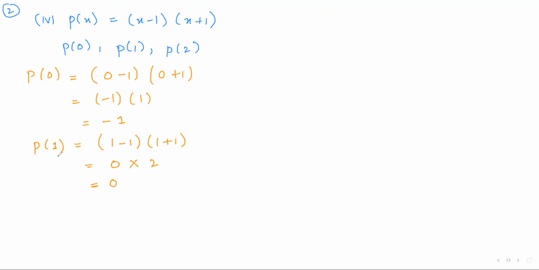Because I'm getting 0, that means x is equal to 1 is the zero of the polynomial. Let us find P2. So put 2 minus 1, 2 plus 1 in place of x. This is 1 into 3. This is 3.